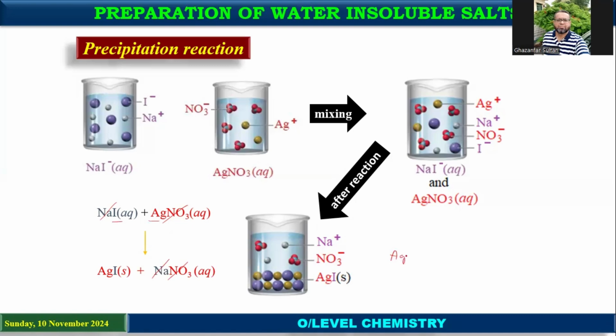So silver ions in aqueous state combine with iodide ions in aqueous state and they produce insoluble silver iodide.